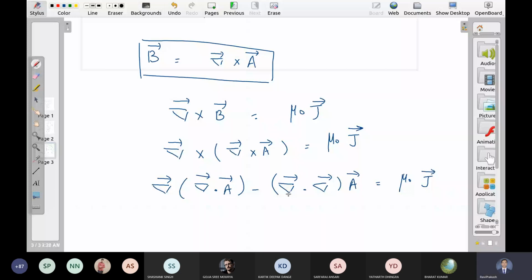Del dot del is as simple as del square. Can we further simplify it?